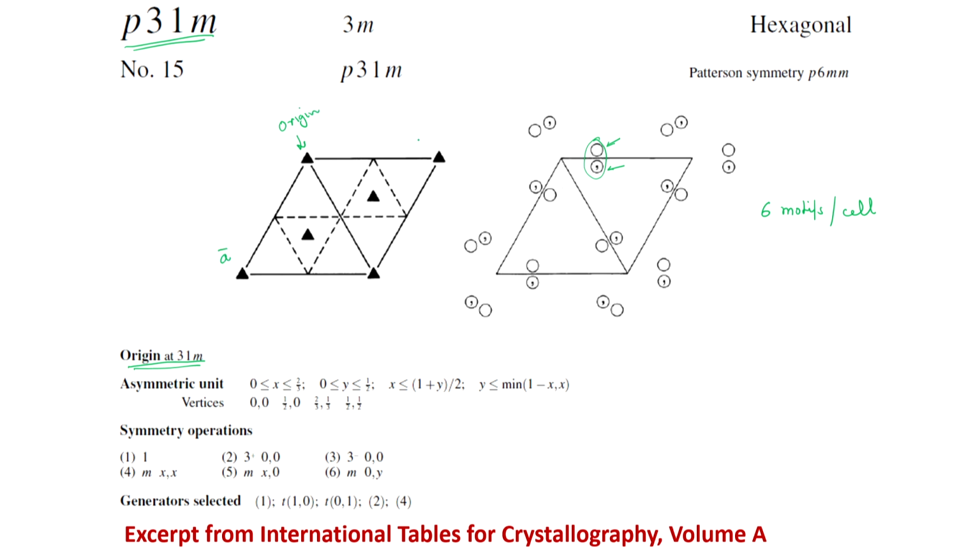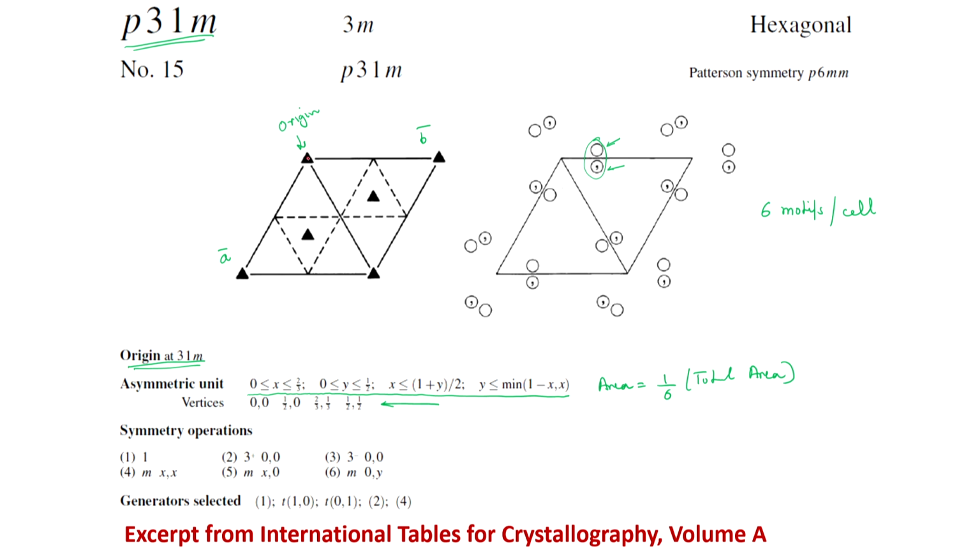This is the A axis, this is the B axis, and the asymmetric unit has steadily become more complex. Somehow we have to define an area which will be 1/6 of the total area, because there are 6 motifs per unit cell. Now, you can go through it, but the table also gives us the vertices of this area. So, if I just look at the vertices, we can quickly see this.